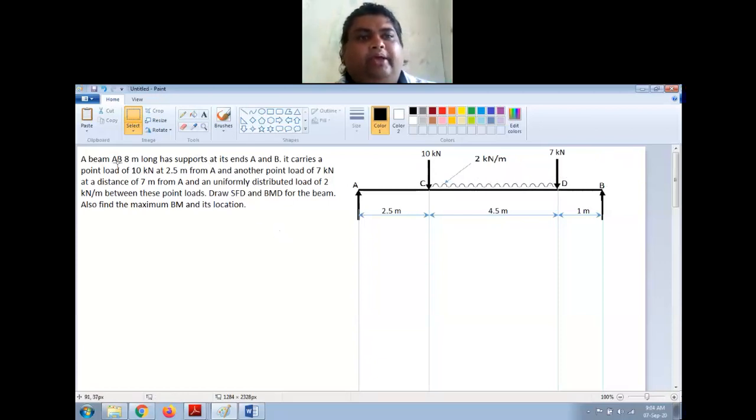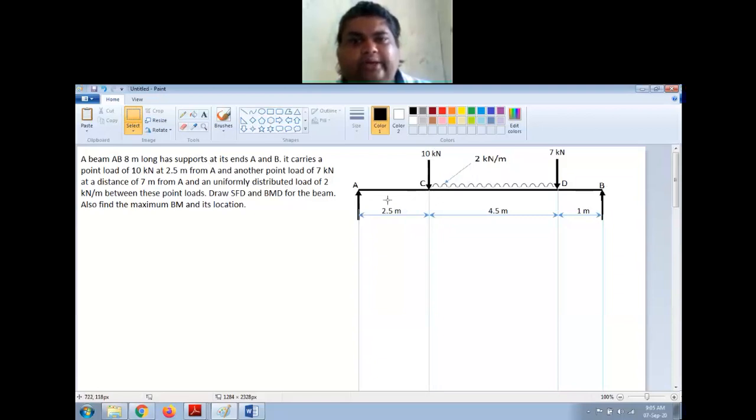Beam AB, 8 meter long, has its supports at its ends A and B. So I have one support at A, another support at B, and the total length is 8 meters. Then it says there is a point load of 10 kilonewton at 2.5 meter from A. So this is A, 2.5 meter away from A is C, where I have a 10 kilonewton point load.